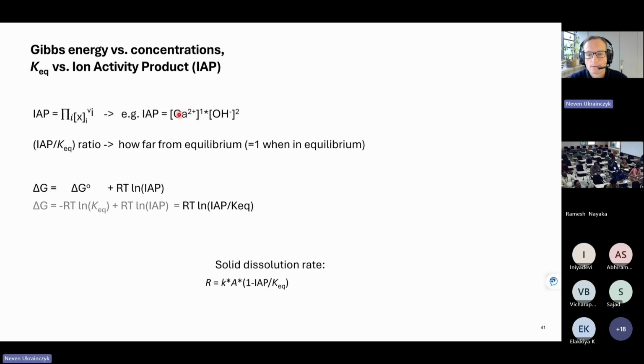If your ion activity product is below the equilibrium constant, you don't have any precipitation, and then your solution is undersaturated. That means that you have your ions, but they didn't reach this ion activity product, and you didn't reach the solubility constant. You didn't overshoot it, and then you don't have any precipitation.